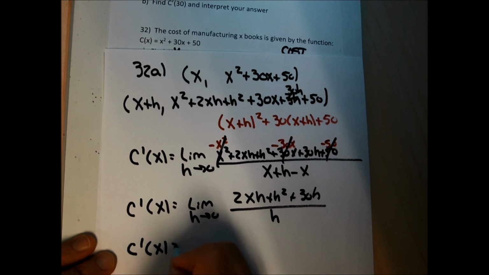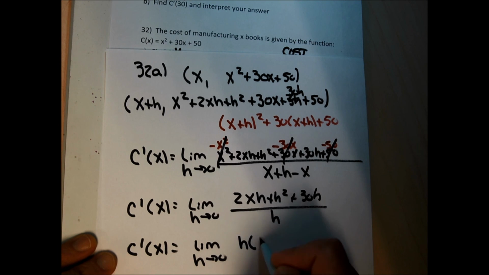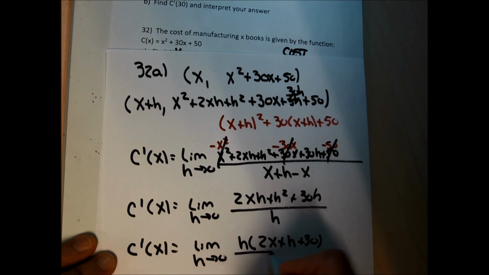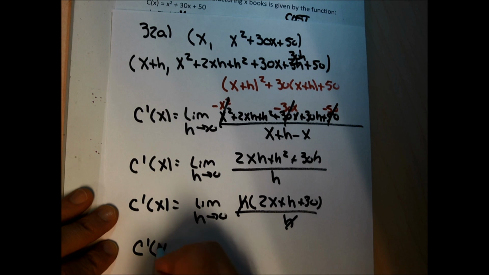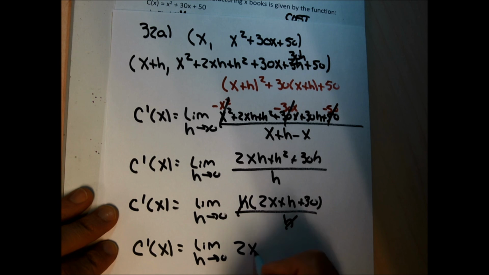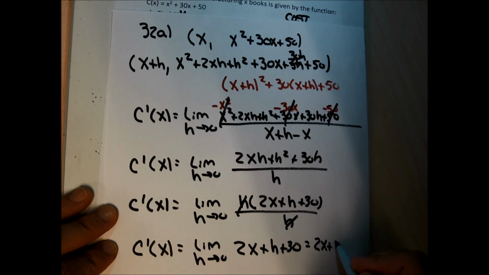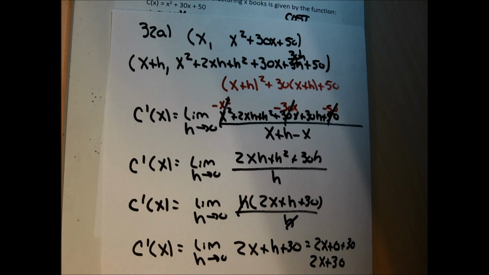You get c prime of x equals the limit as h goes to 0 of h times 2x plus h plus 30 over h. Cancel the h's. I get c prime of x equals the limit as h goes to 0 of 2x plus h plus 30. Now I plug in 0 for h. I get 2x plus 0 plus 30, which is 2x plus 30. That's the hard work. That's the answer to part 32a.